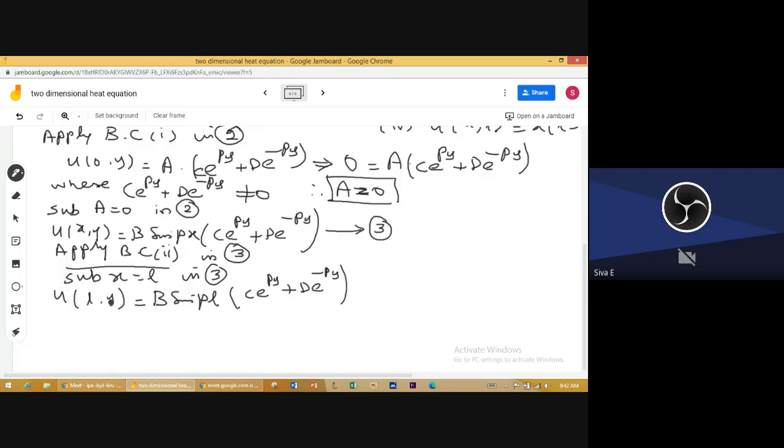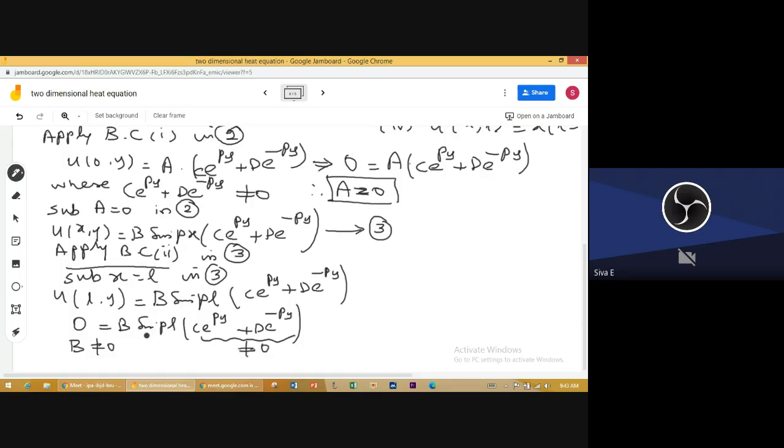What is u(L, y)? u(L, y) is 0. So 0 = b sin pL (c e^(py) + d e^(-py)). Here b is not equal to 0, and this portion is not equal to 0.